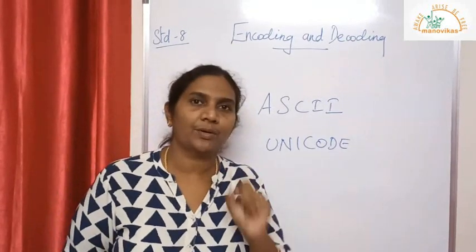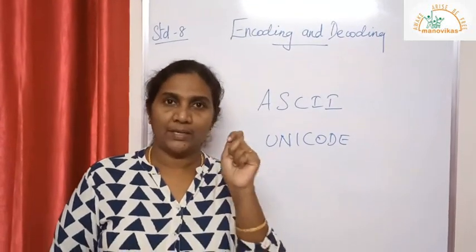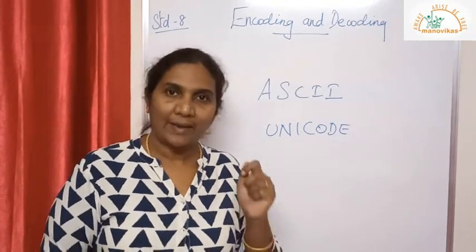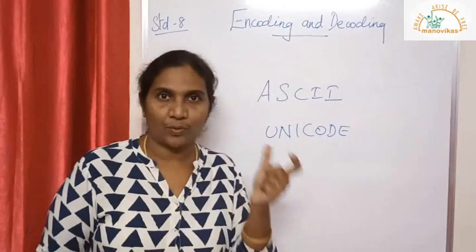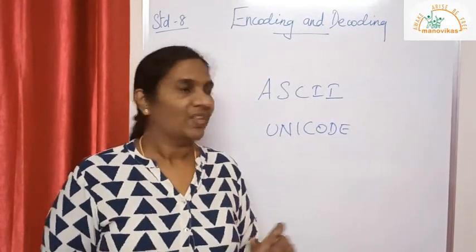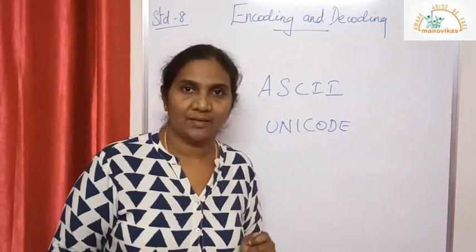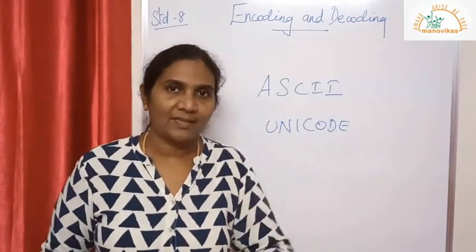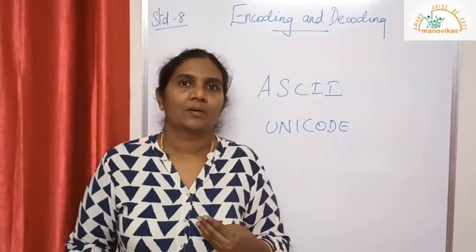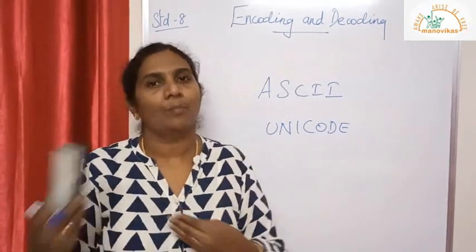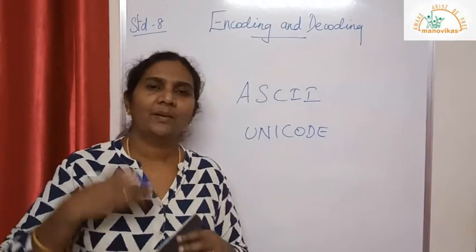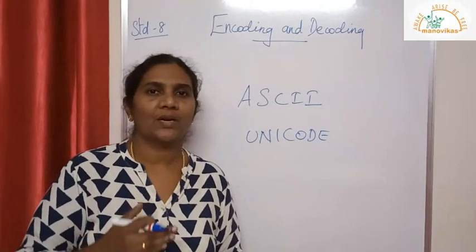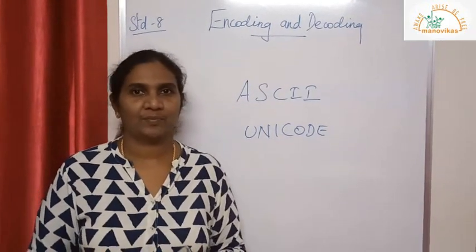So each letter, or printable or non-printable character, will have some specific code which will be unique, and those codes will be taken and converted into 8-bit binary form, and that is called encoding to binary form. When the binary is converted back to human readable form, that is called decoding.